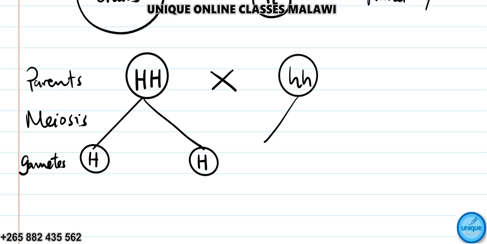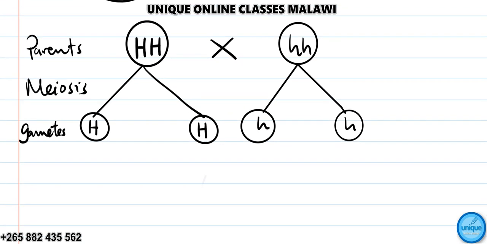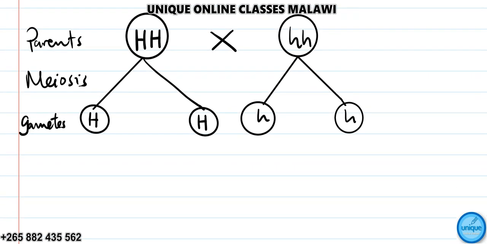The same applies here. We're gonna have small h, and also we're gonna have small h. Now, what will happen next? It's fertilization. So, nkulu uyu abangana fertilize ndi ada awa.